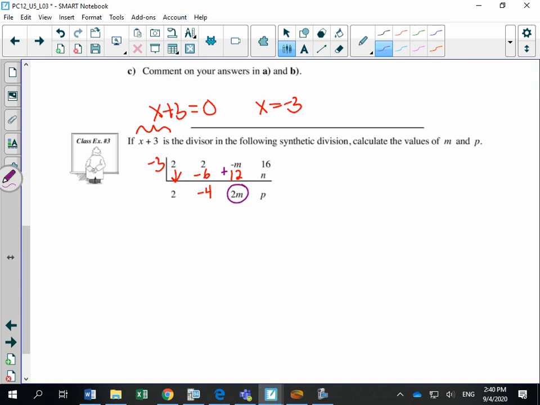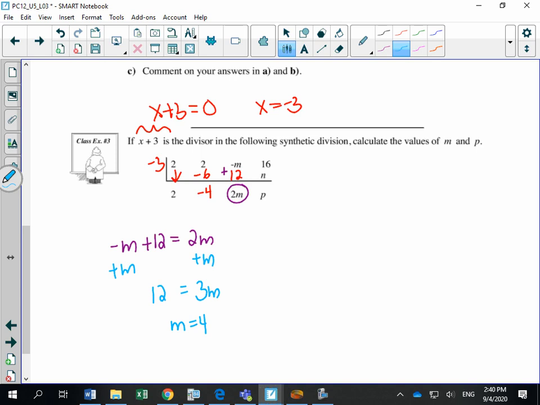So let's write that off to the side. -m plus 12 is equal to 2m. So let's solve for m. Let's add m to both sides, and then I'll get 12 is equal to 3m. And from here, if I divide both sides by 3, I get m is equal to 4.